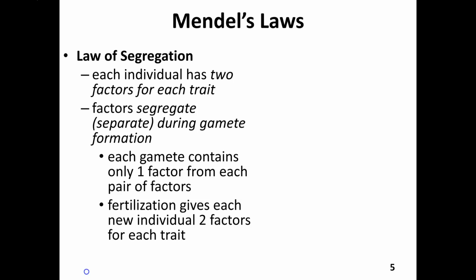So Mendel also noted that each individual has two factors for a trait, which we now know are the genes, and the factors segregate or separate during gamete formation. So let's just put mom has a chromosome here.